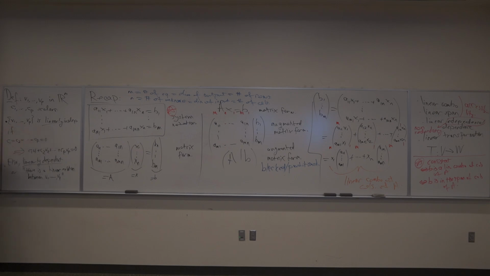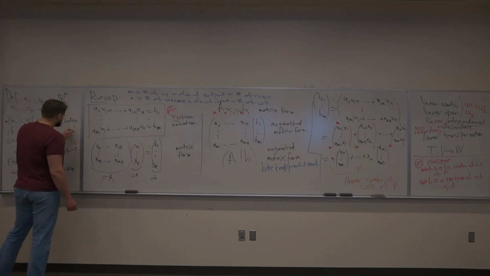And I'm going to call it linearly independent if all the scalars are 0, then the linear combination is also 0. But of course, you should remember, this 0 is the number 0, this 0 is the vector 0. Because v1, v2, whatever, these are all vectors. When you add vectors, you're going to get a vector. So this is a 0 in Rn.